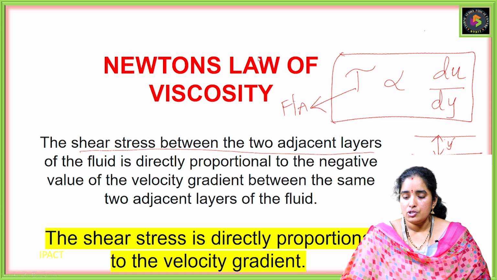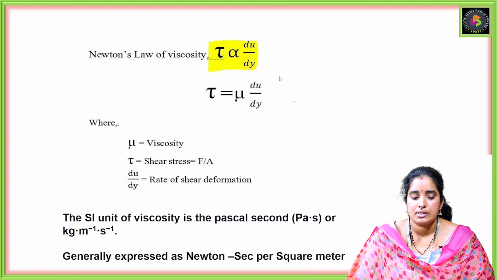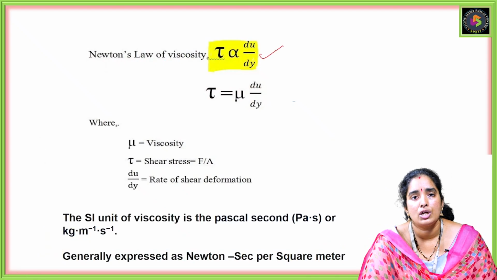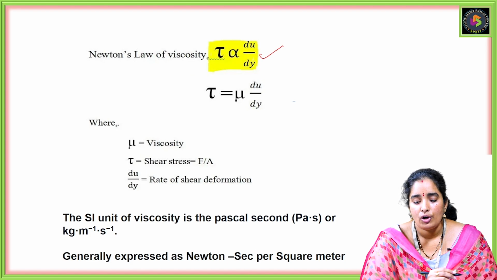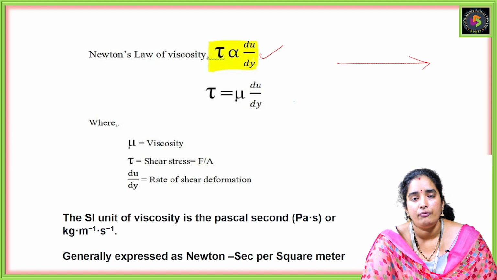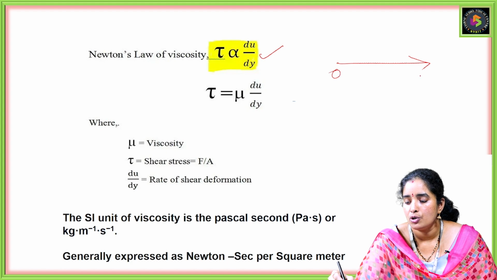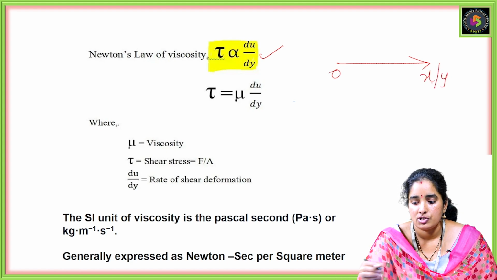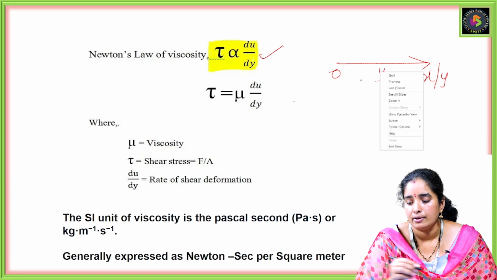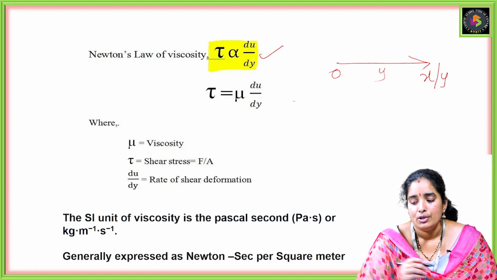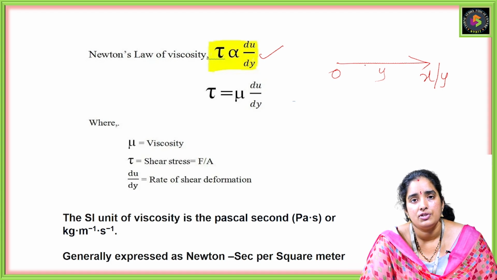So based on Newton's law of viscosity, here is the equation: tau proportional to du by dy. If you observe here, whenever any fluid moves in the x or y direction over some distance y, how will the velocity change?